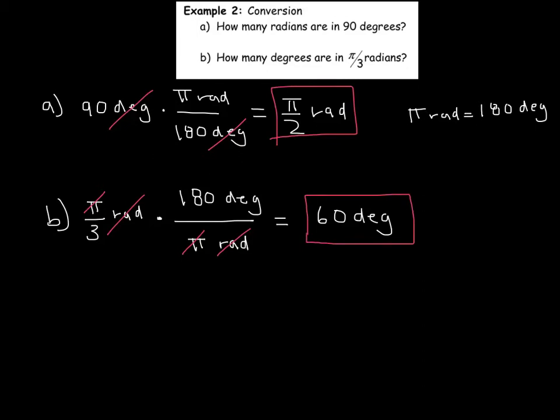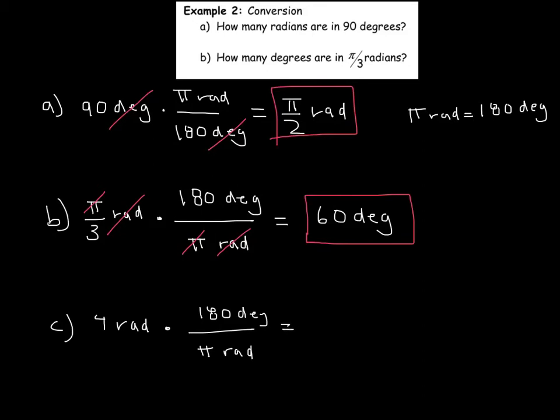Once again, I know this is not on our notes, but we'll just throw another example in here. I could say convert 4 radians into degrees. If that's the case, then once again, you're going to have pi radians down here and 180 degrees here.